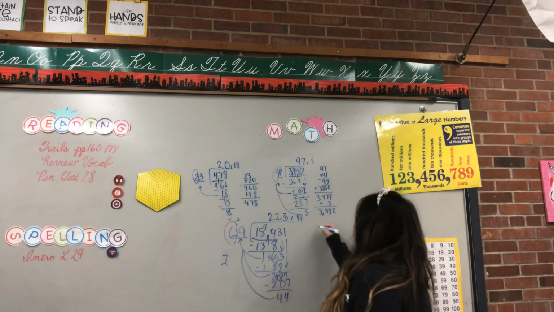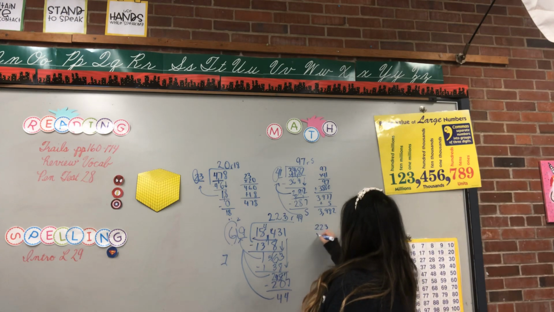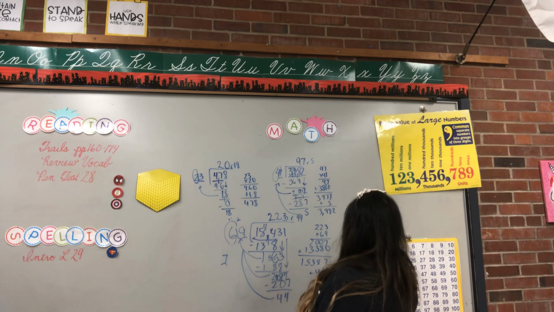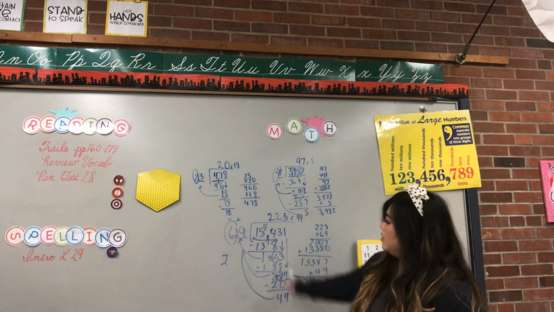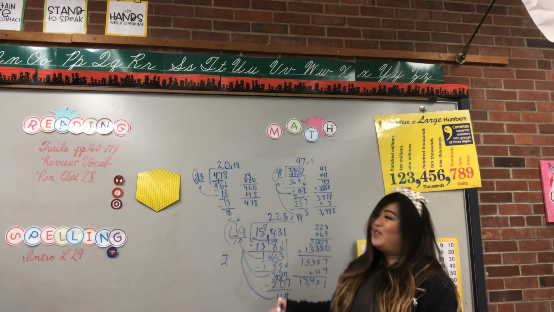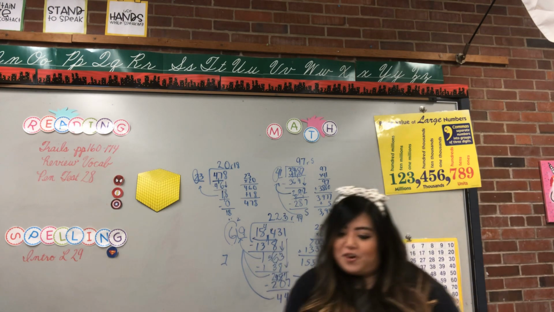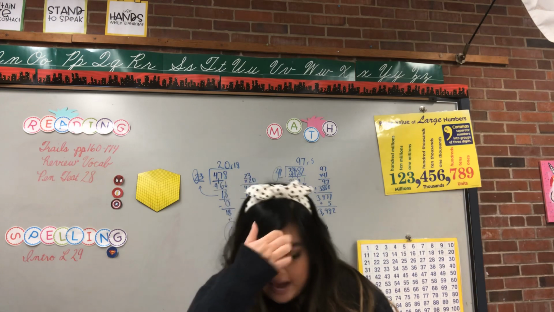Now to check this, you know what to do. It checks. 15,431 equals 15,431.